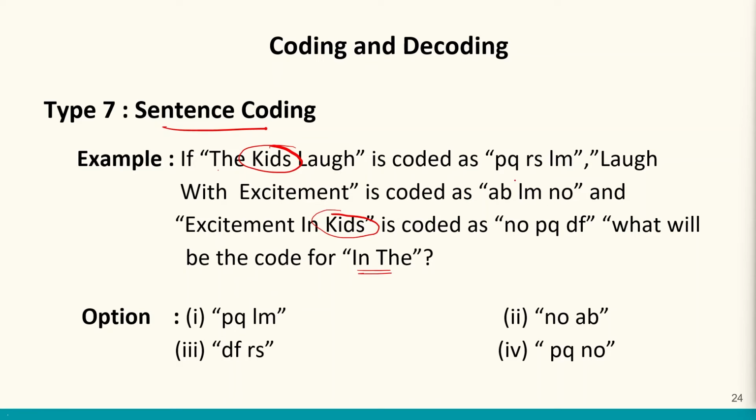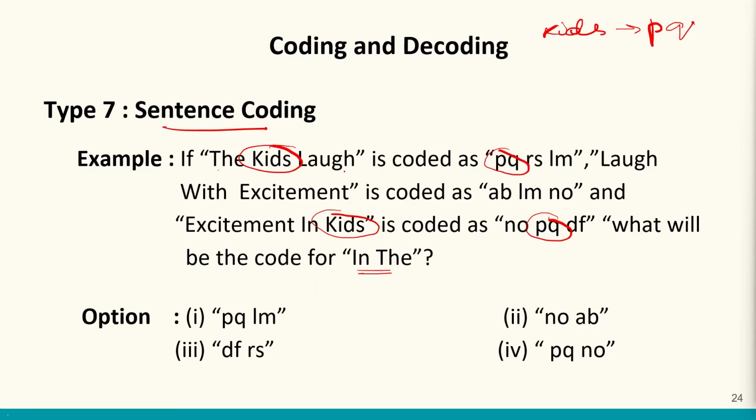The only letters common in these two sentences' codes are PQ. So I can say kids is coded as PQ.